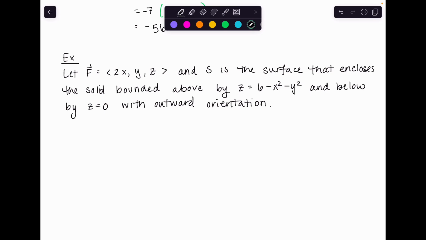We're going to evaluate the surface integral of f dot n dS.